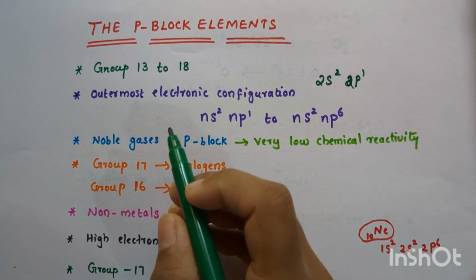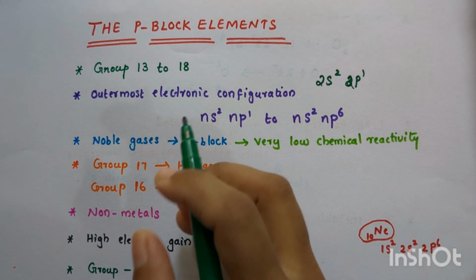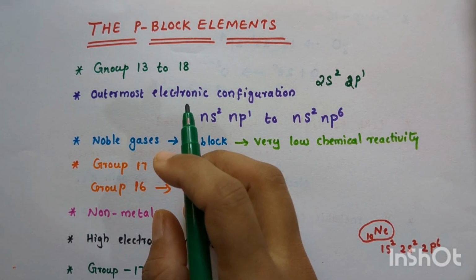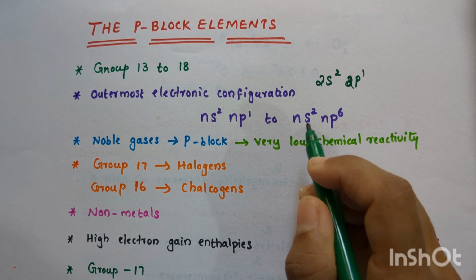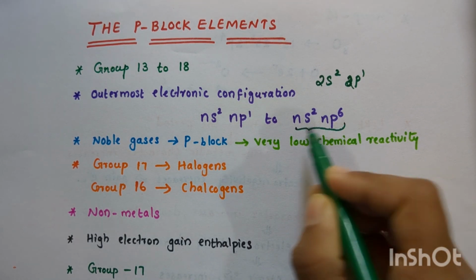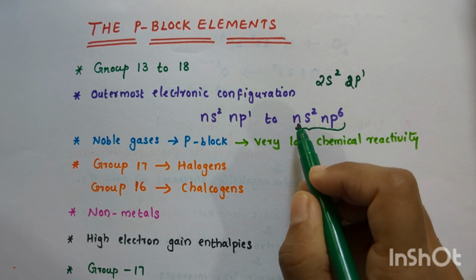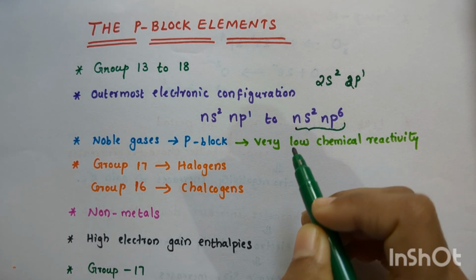At the end of each period, the noble gas has the outermost configuration ns2 np6, where n can have values 1, 2, 3, 4, 5, etc.